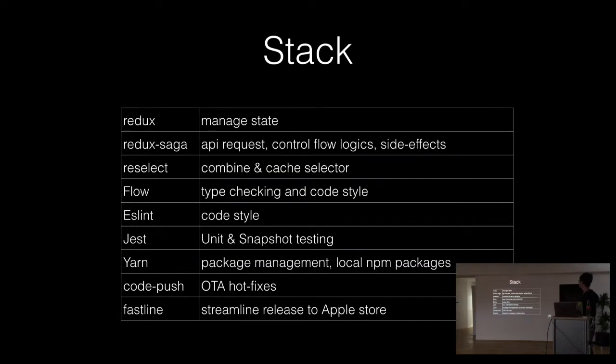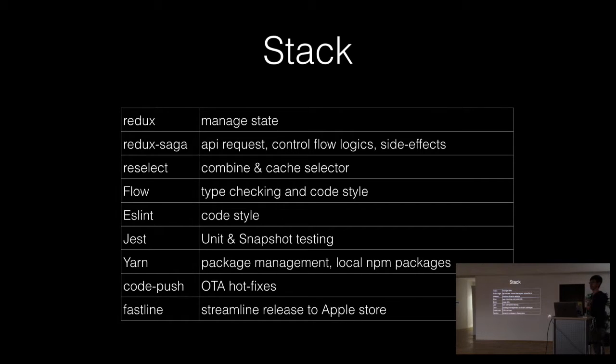Okay, so this is our stack, what we use for the app. I'm going to do a quick survey: how many people know Redux? Okay, pretty much everybody. Good, yes, we actually center our state on Redux, and as you see, we use Redux to manage state, and then Redux Saga.